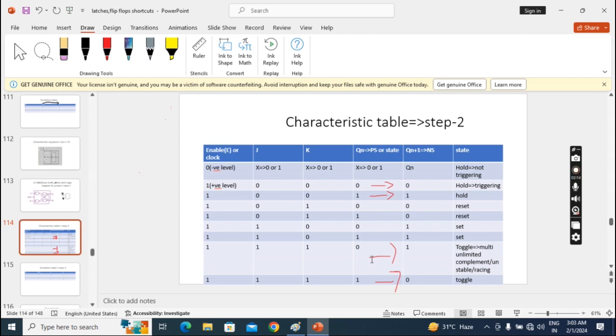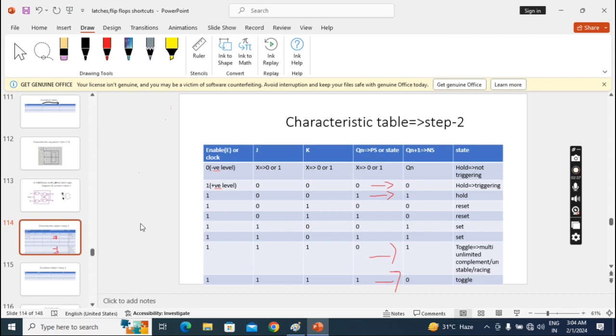That's why JK came. But although we made it useful, we are not getting a stable output. That is the drawback. So the JK advantage is avoiding the invalid condition of SR, and the JK drawback is getting unstable or racing output.